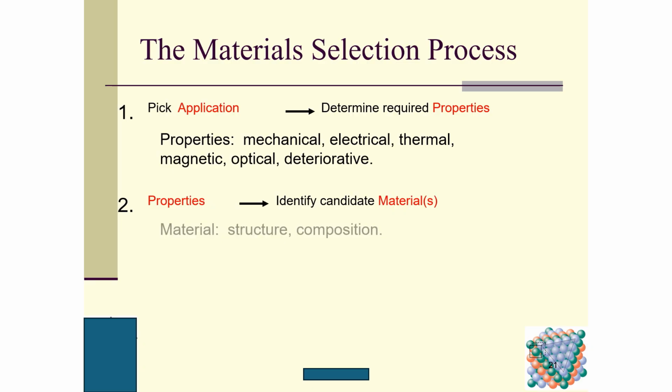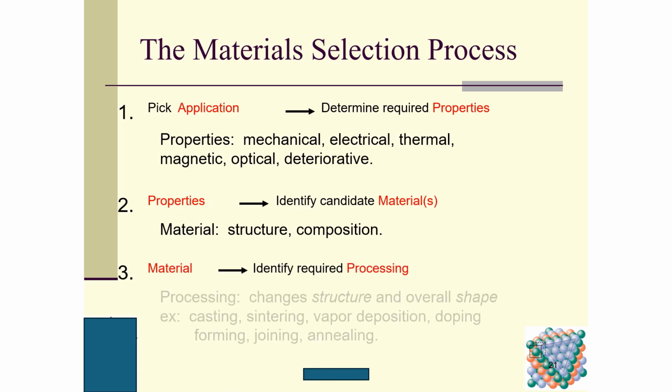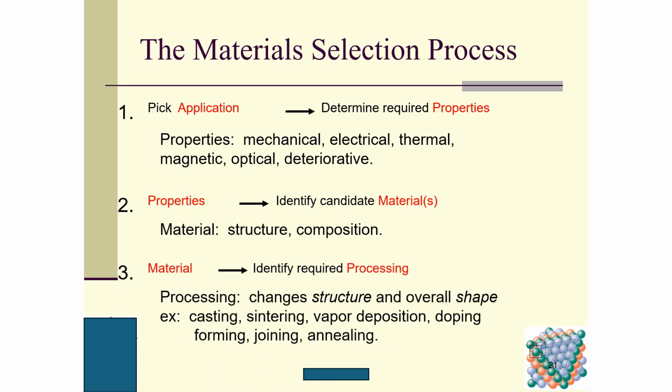The second step, the properties. If you have the properties already, based on the properties, you can identify the candidate material or materials. From this material, you need to think about the structure and the composition. And then for this material, you need to identify the required processing. This is processing that changes structure and overall shape. We know that, right?